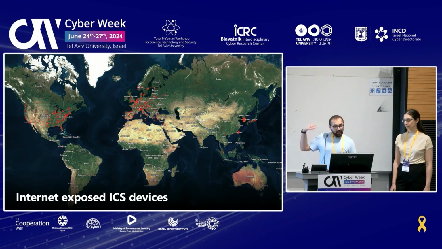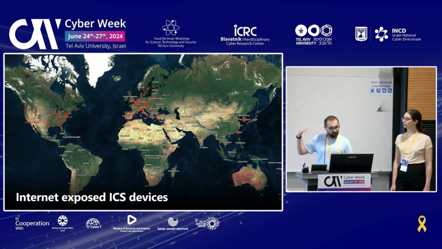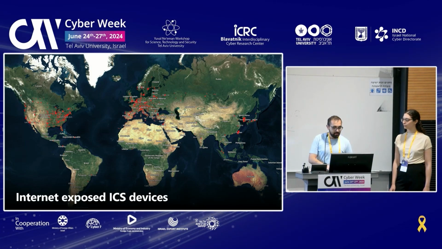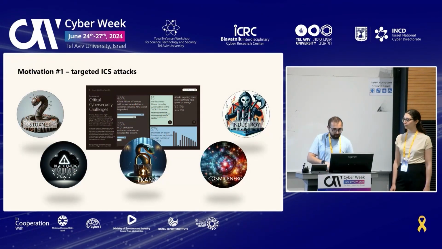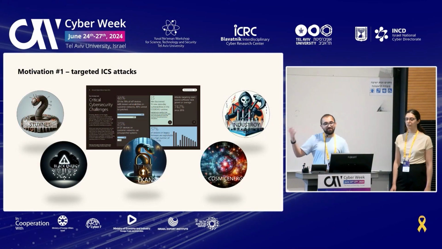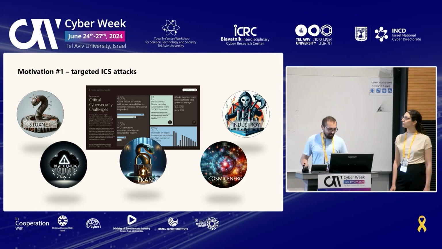And every year we do a new asset validation to understand the trends and how many devices are still exposed to the internet. And unfortunately, it's never becoming more sustainable. We don't see it going down.